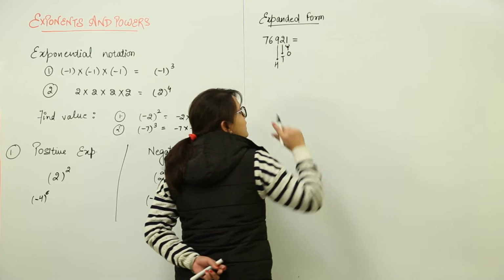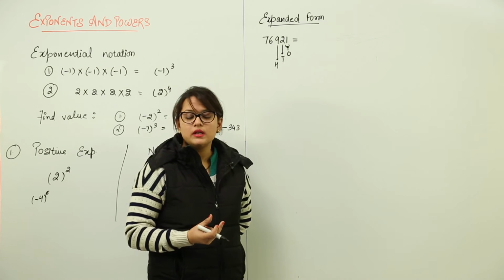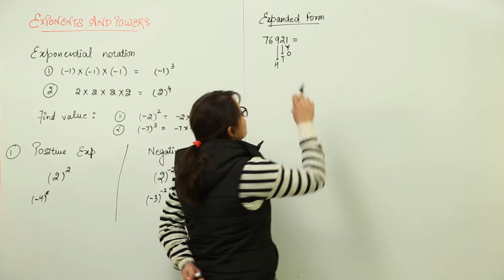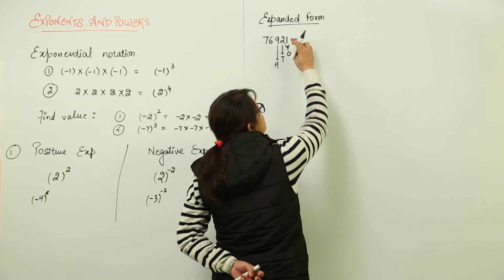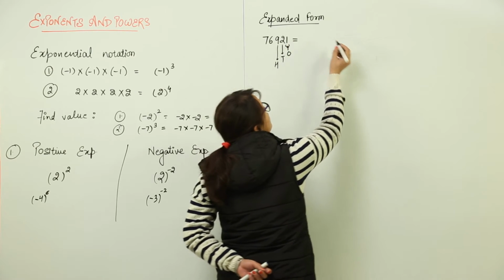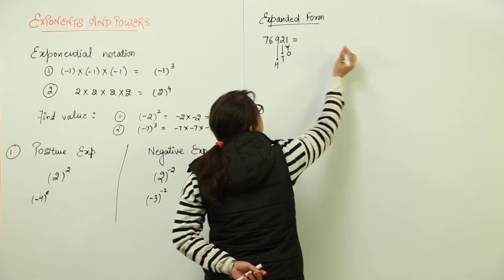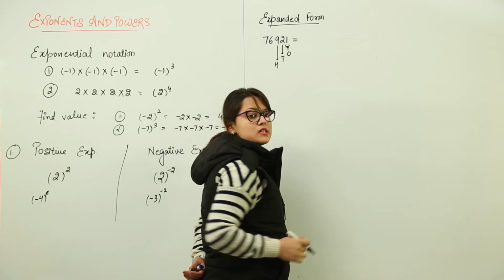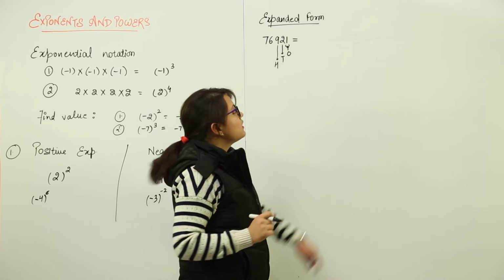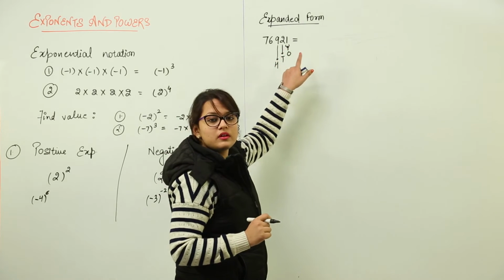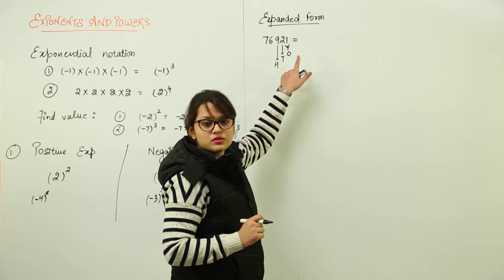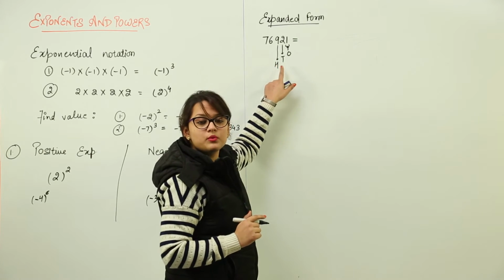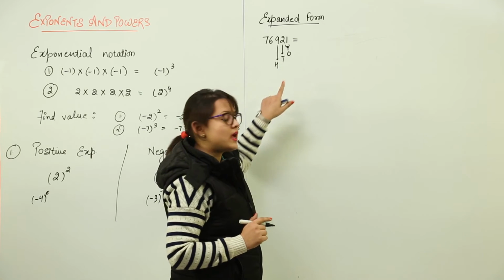So you multiply the number on the place value with its place value, right? So this is getting multiplied with what? You start from, this is the ones place, it will get multiplied with 1. The tens place will get multiplied with 10 raised to power 1 because it is 10. Hundreds will get multiplied with 10 raised to power 2 and so on.